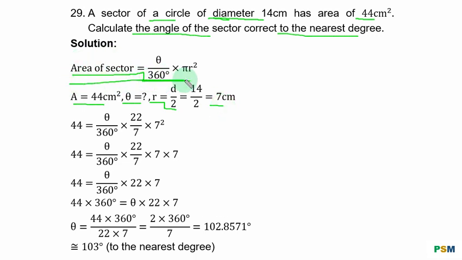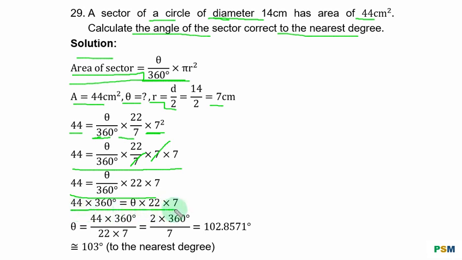You come here and replace area of the sector by 44 equal to the angle of the sector, unknown, over 360 degrees times pi times radius square. If you simplify this term, you have this result. 7 cancel 7. You are left with this. Multiply through by 360 degrees to clear fraction.